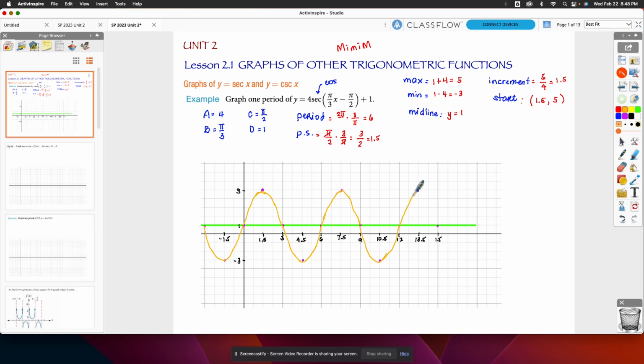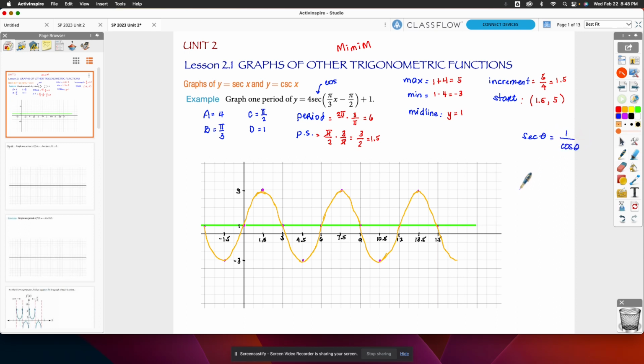All right. Now, based off of this graph of cosine, we will graph the secant function. Now, remember that secant theta is equal to 1 over cosine theta.